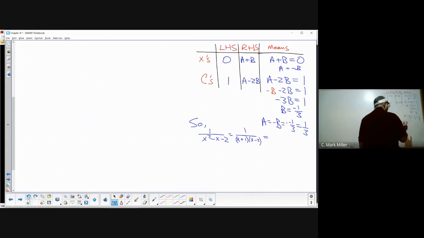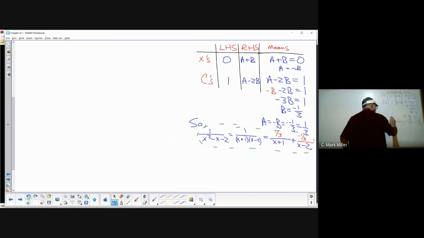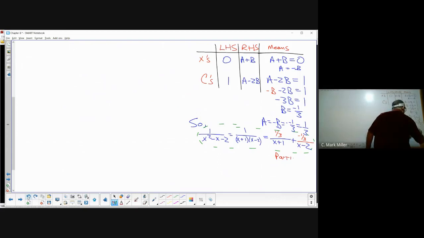That equals my A. What's my A? 1/3 over x plus 1 plus B, minus 1/3 over x minus 2. This is what we were after right here. And this right here is the partial fraction decomposition.